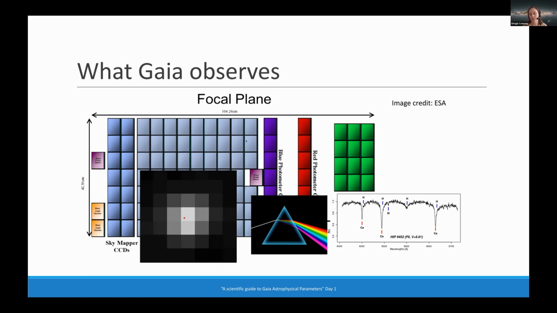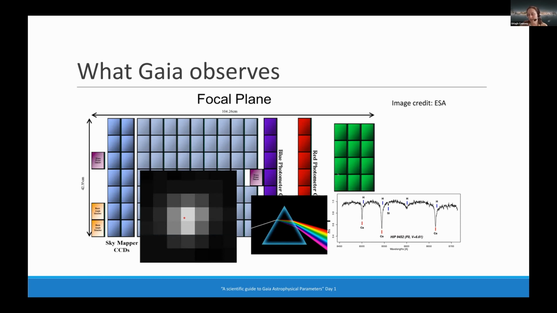These CCDs are used to do the photometry and the astrometry. So the G band photometry, and of course, using their positions, they do the astrometry. Then the star will pass the blue prism and the red prism, so it will disperse the light. And then finally, it will pass the RVS, the radial velocity spectrometer, and disperse the light even more.